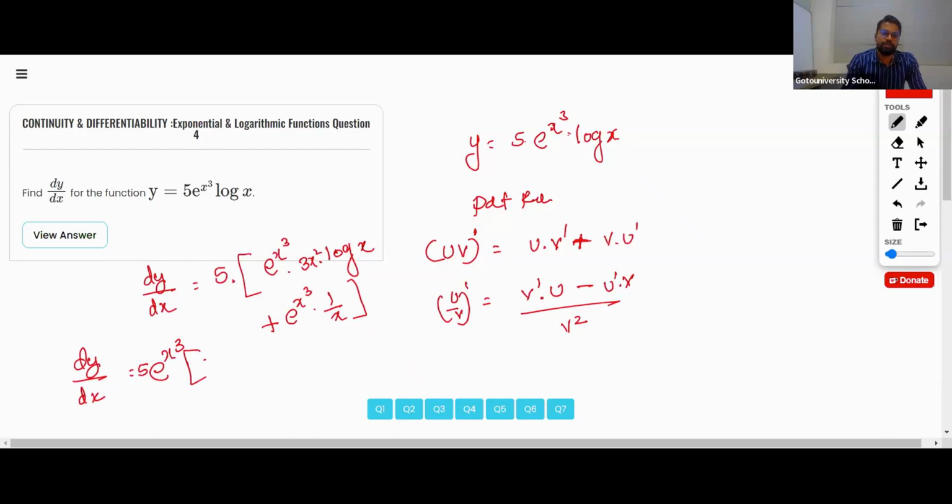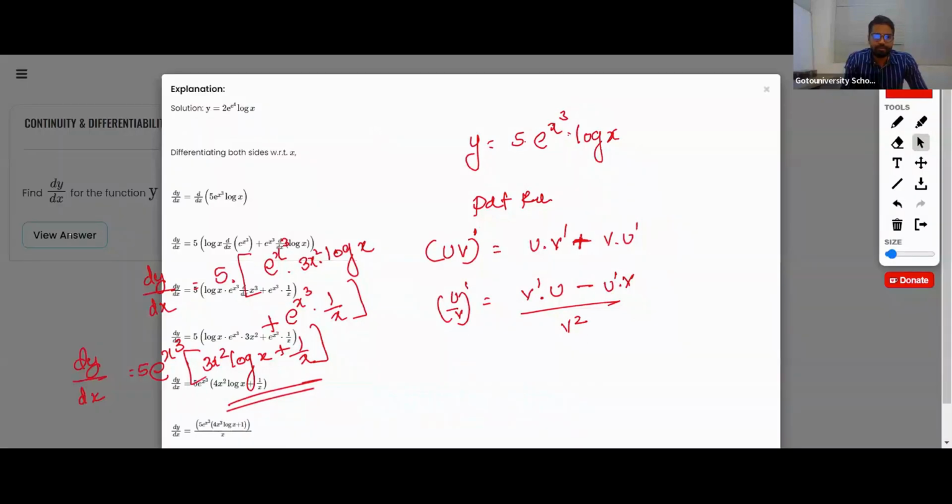What we end up with is 3x square log x plus 1 by x. This must be the answer. You want to check the answer? Yes. 5 into e power x cube. Exactly, it's matching, right? That's our answer. Right? 3x square log x plus 1 by x.